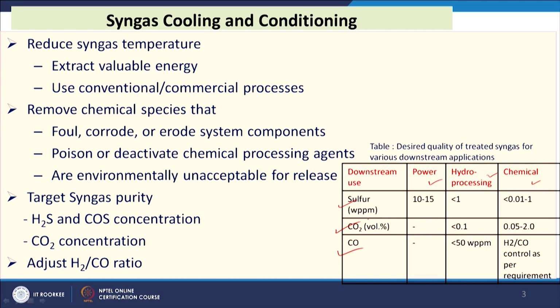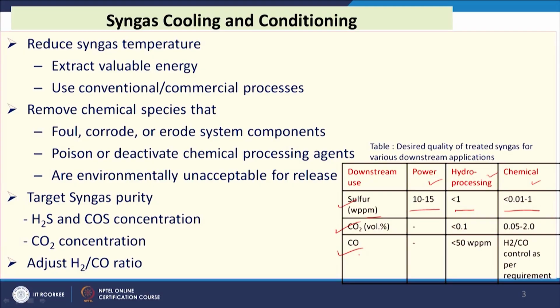For sulfur, the power application requirement is 10 to 15 ppm weight basis, whereas for hydroprocessing it should be less than 1 ppm and for chemical less than 0.01 to 1 ppm. So, the degree of removal of sulfur compounds from the syngas is required to different extents.